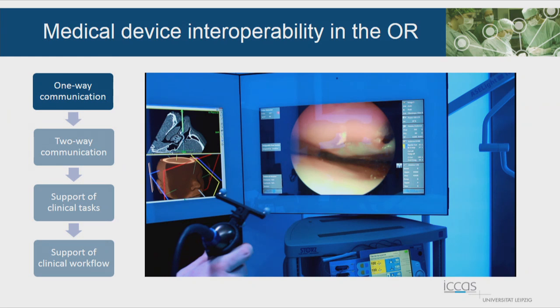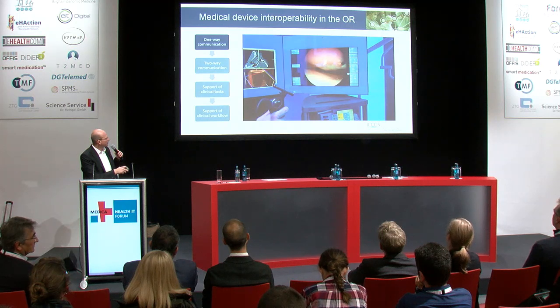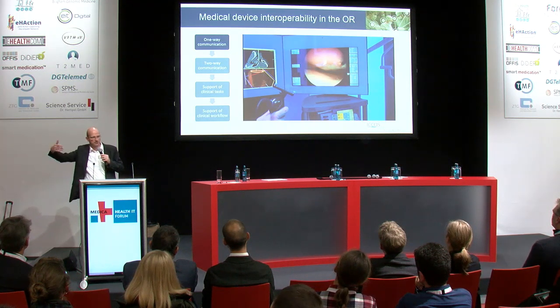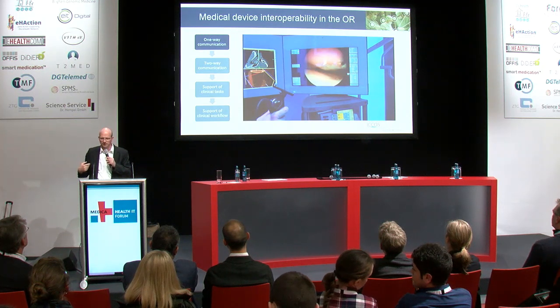Imagine drill speeds or patient parameters from the anesthesia monitor that are relevant here. So you just display it, and this is a state of technology that is currently not available. If the surgeon would like to have information from the patient monitor, he needs to look at the patient monitor or ask the anesthesiologist or someone else to provide this information.